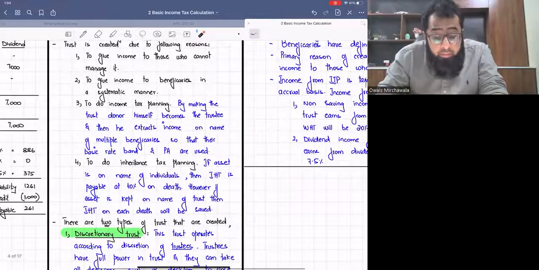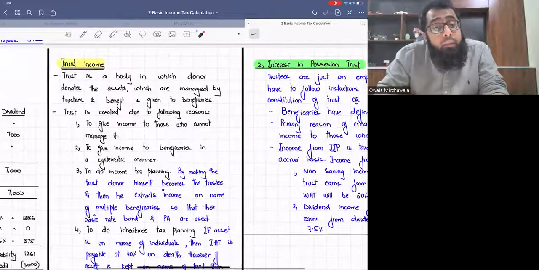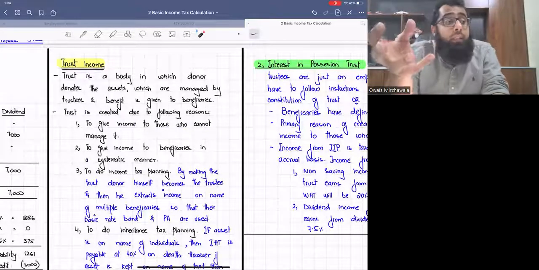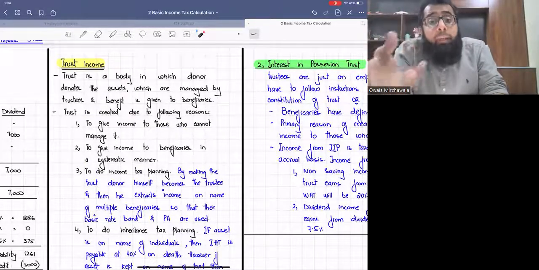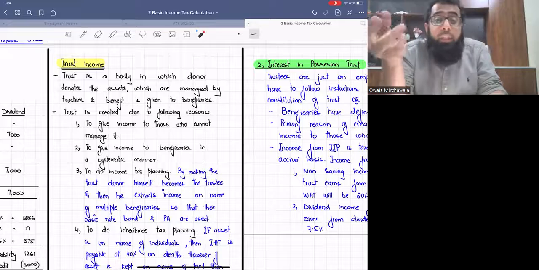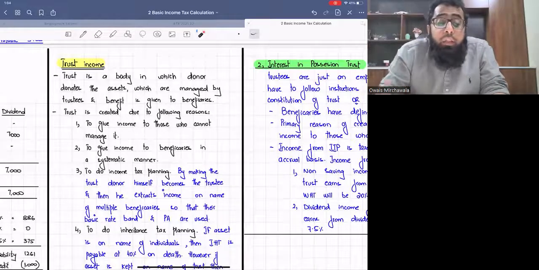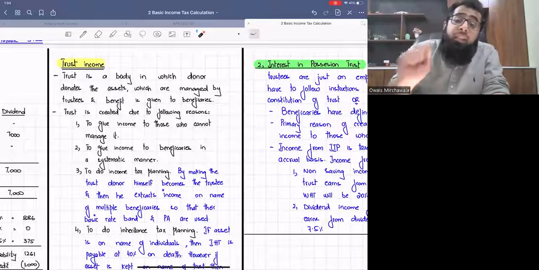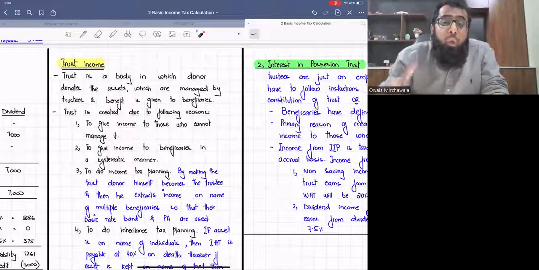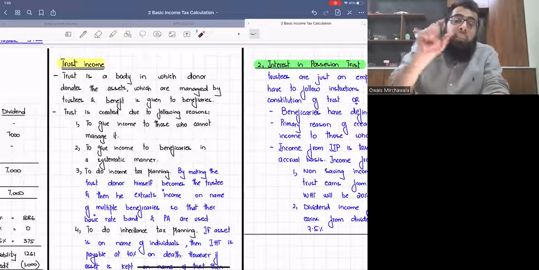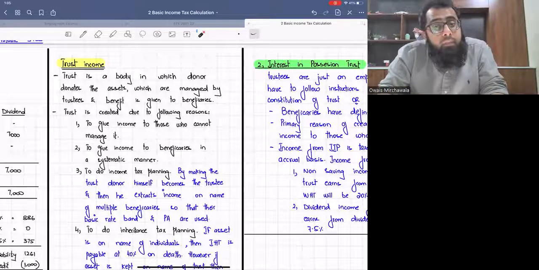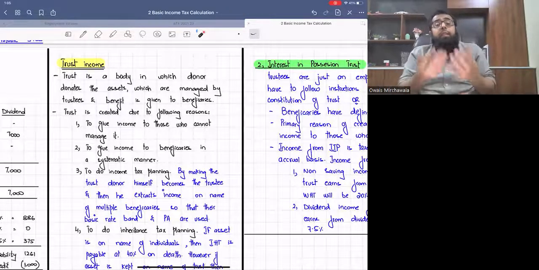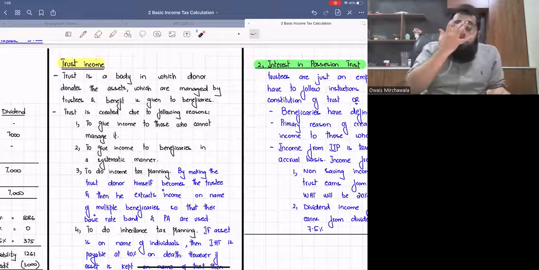So what is a trust? A trust is a body. A trust is a separate body. It is an independent body in which the donor gives the assets. Those assets are managed by the trustees for the benefit of beneficiaries. Now the question is, why is a trust created?